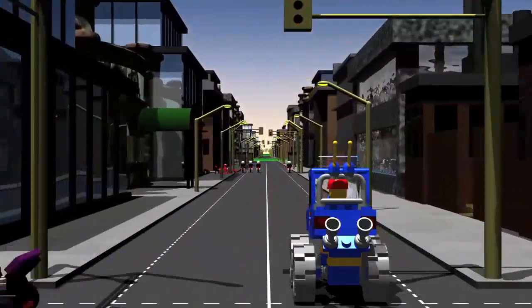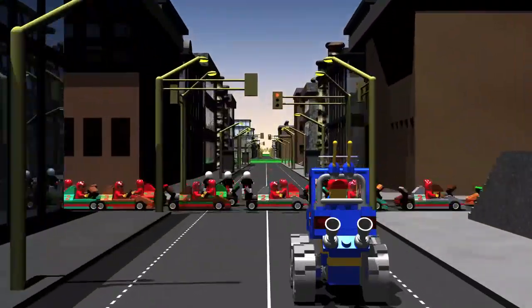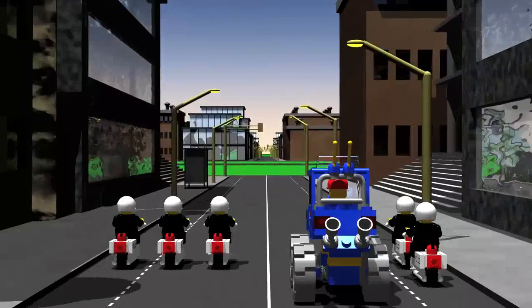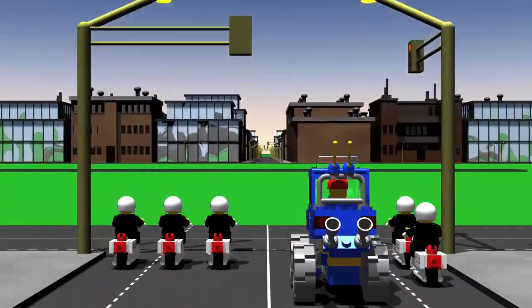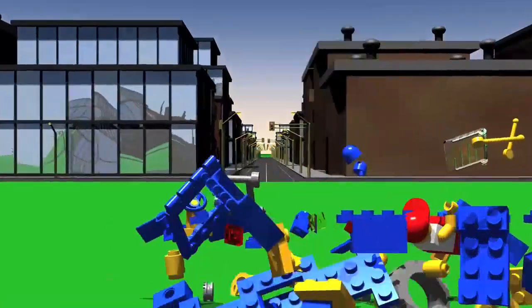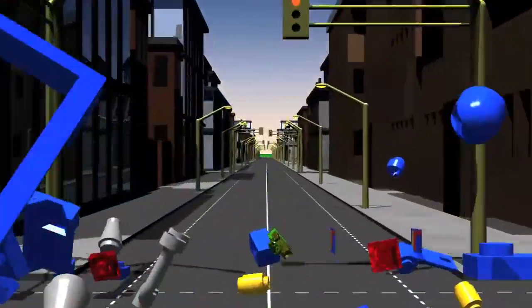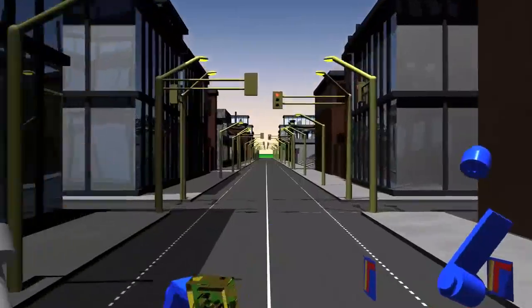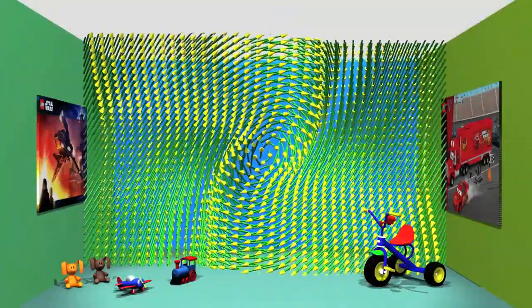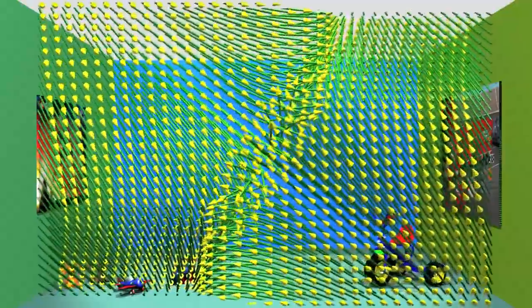For instance, a small difference in the speed of the car may cause an accident. This dependence of the future on initial conditions is only one aspect of chaos. But there are much more complex situations.